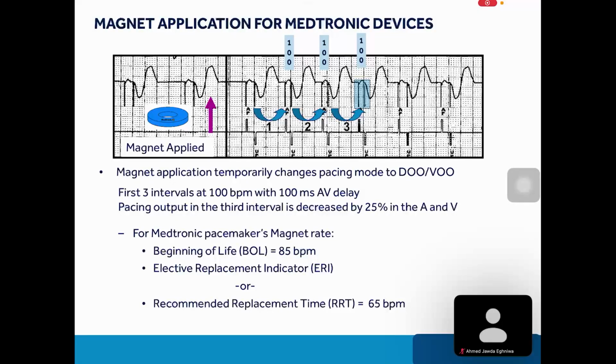In St. Jude, it is like 80 and 60, Boston 95, 70. There is a table that clarifies the pacing rate for every company, at the beginning of life and at recommended replacement time.